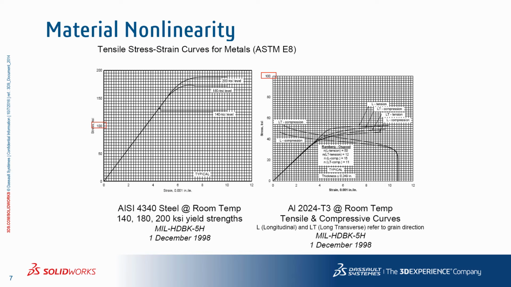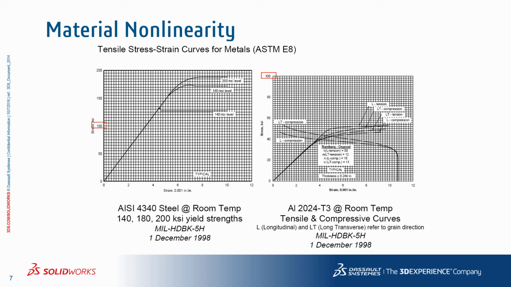The tension tests for metals are the ASTM E8 and allow for multiple strain rates, multiple temperatures, etc. The graphs shown here show the stress strain curves for AISI 4340 steel and 2024 aluminum. You can clearly see that the steel curves show a consistent slope of the Young's modulus until yield.